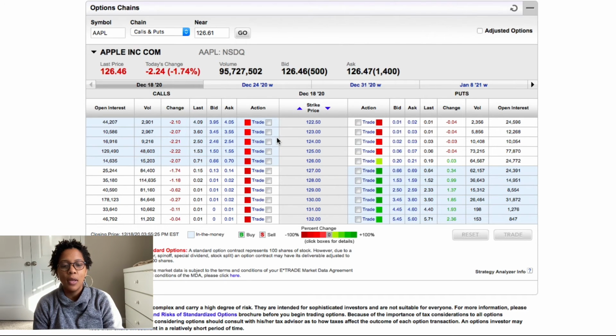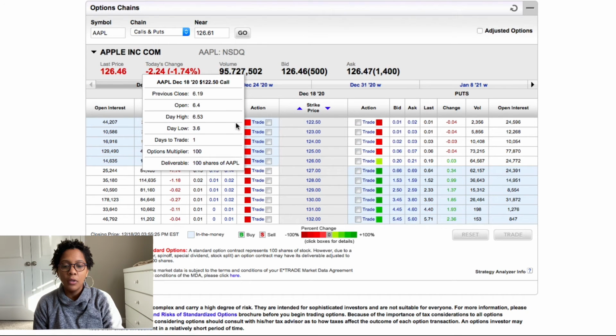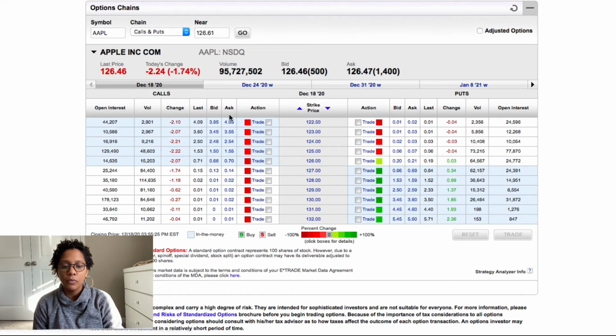Calls, you want to be able to buy low and sell high. So the lower you want to pay for a call, the more it costs you. The higher you want to go for a put, the more it's going to cost you. Okay? So this is what an options chain looks like. It has those four options items that we talked about.